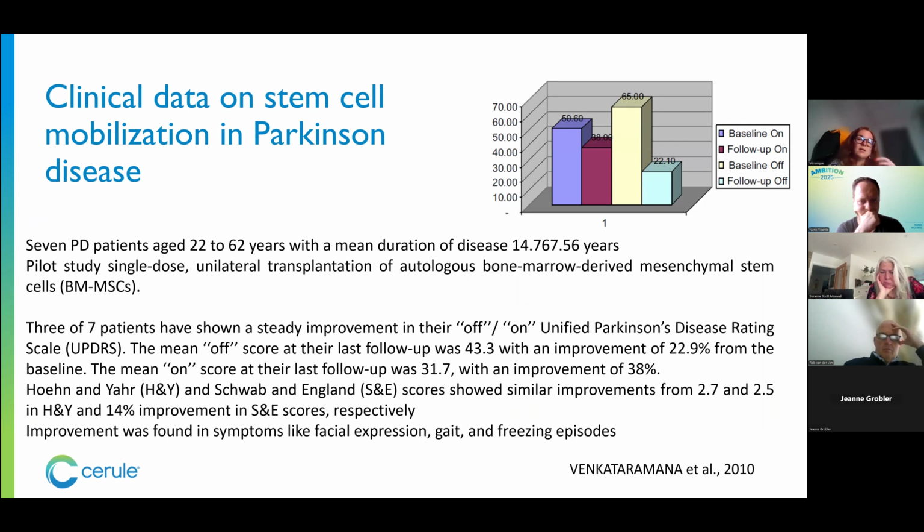I would say the improvement is higher in the off state than on, as seen on the graph, but we have a significant improvement of the UPDRS score, which is the rating of the symptoms. We also have improvement found in symptoms such as facial expression, gait, and freezing episodes, as described by the patients.